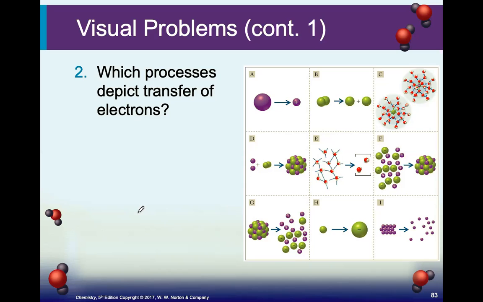Is C the third one? No, these are just molecules of water doing an ion-dipole interaction, correct? So there's no electrons being transferred in there. The third one is less obvious.